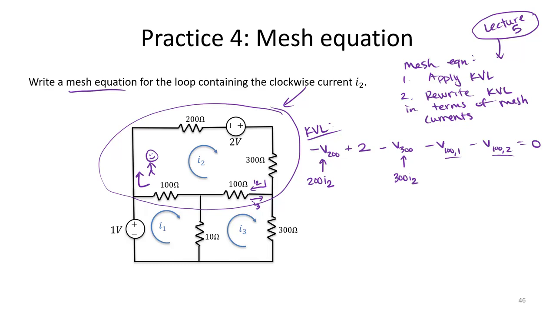As we learned in our video, that means our voltage drop here will be resistance times the net current through that resistor, which will be I2 going in the direction we want, minus I3 opposing us. And finally, our last voltage, by similar reasoning, will be 100 times I2 minus I1, because we have I1 opposing us and we're heading in the direction of I2.